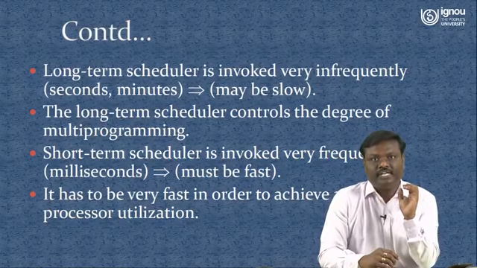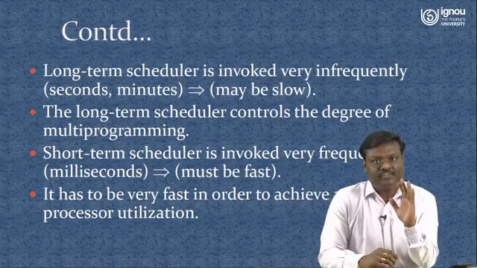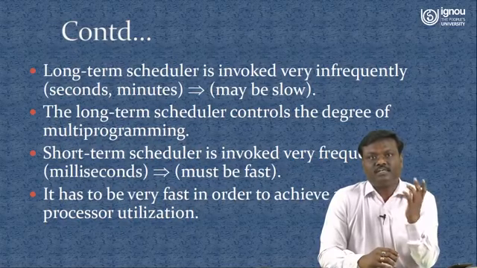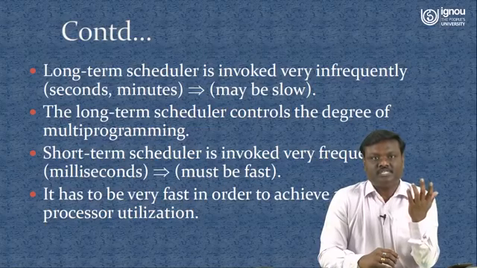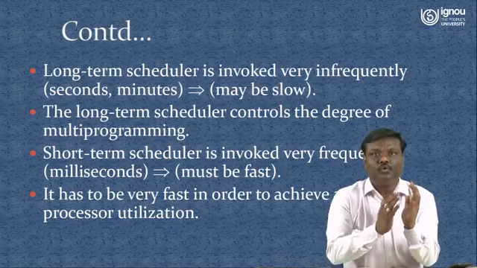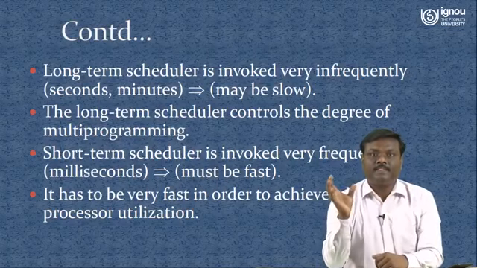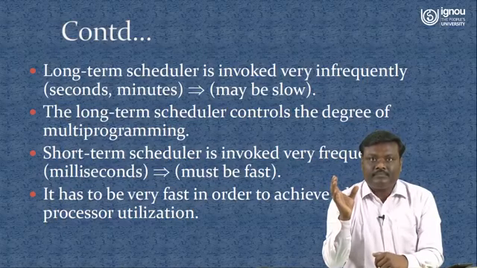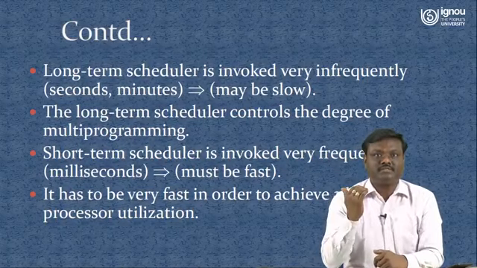So it is an infrequent kind of thing, and it is slow in the sense that it may take place once in some seconds or minutes. The long-term scheduler controls the degree of multiprogramming. The more jobs it shifts to the RAM and executes, the more the degree of multiprogramming increases.